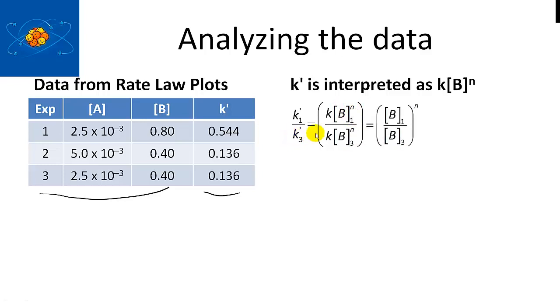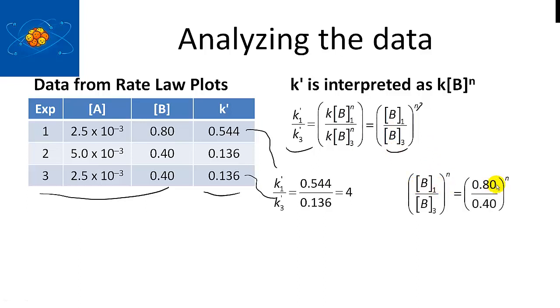If you simplify that, the K's will cancel out, and what you find is that the ratio in apparent rates and the ratio of concentrations will be proportional to each other when raised to the appropriate value for N. So K1, that's here, and K3, that's there, when divided give me a factor of 4, and the concentrations of B in those two experiments are actually going to give me 2.